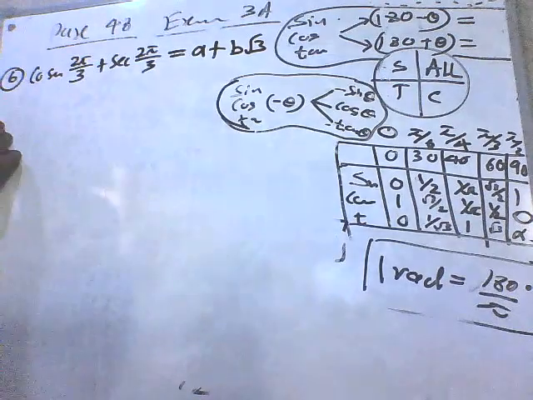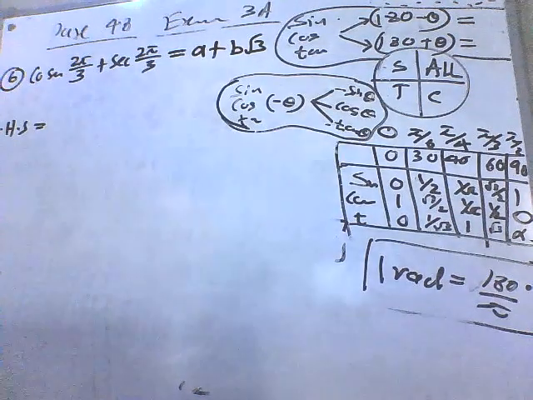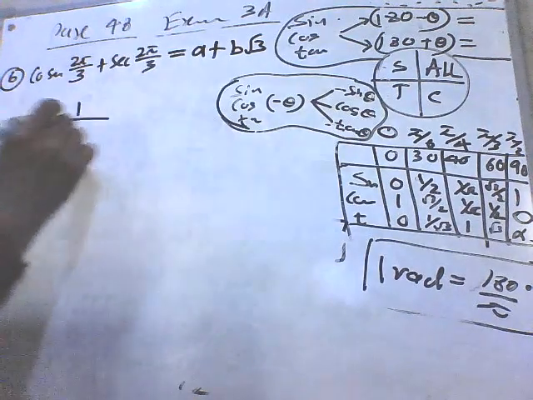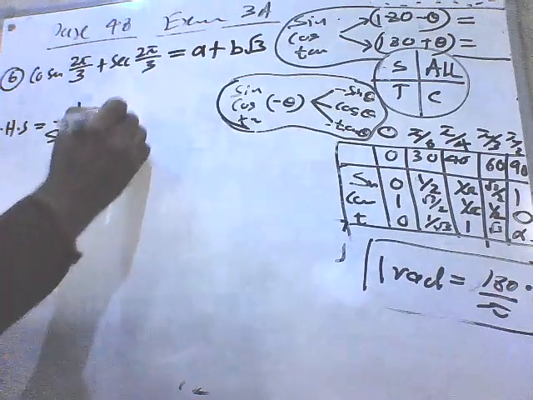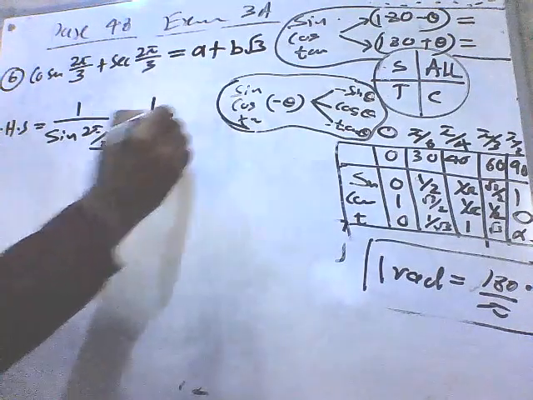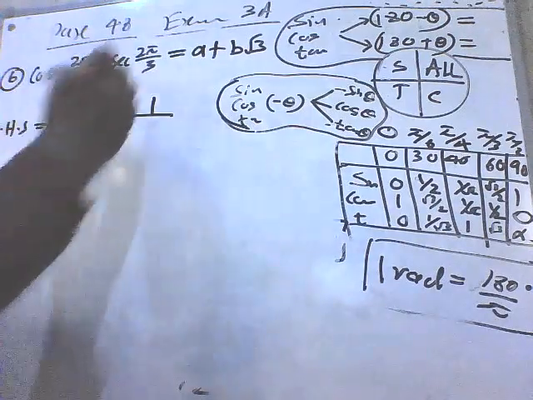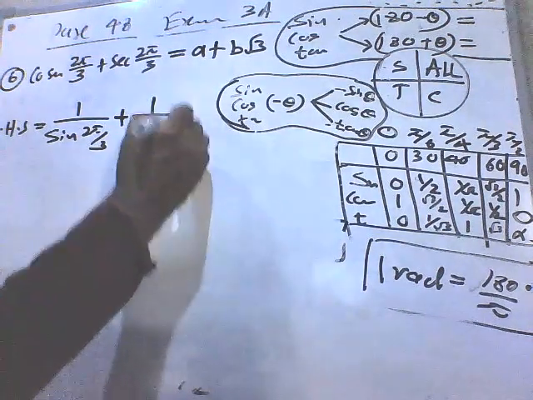So we'll do the LHS. Cosec means we will write 1 over sin 2π over 3, plus 1 over cos 2π over 3.